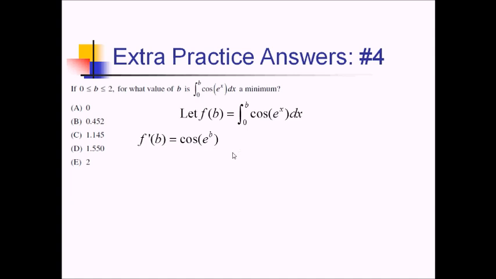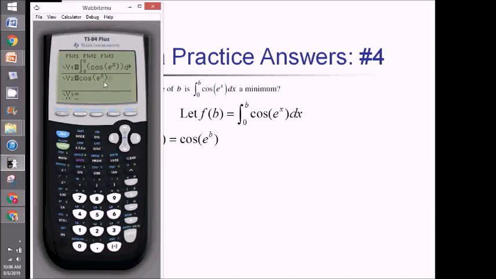So there's what I'm actually going to graph to see where this crosses the x-axis. And by crossings, I'm really just looking for places where I'm going from negative to positive because I'm just looking for a minimum. So here I am back on the calculator. I've put in this cosine of e to the b, which I have to use x instead of b on the calculator. I'm going to unselect this function up here because I don't want to graph that.